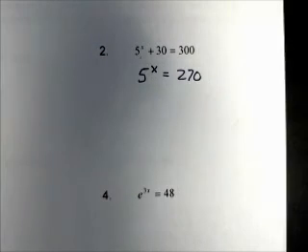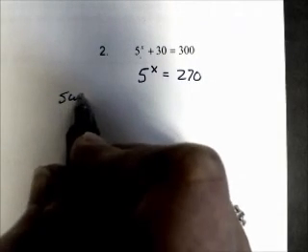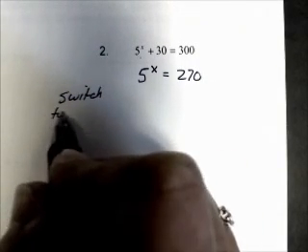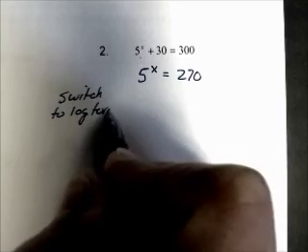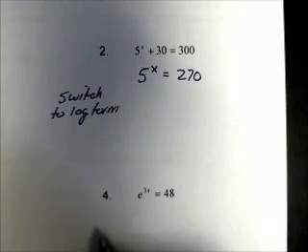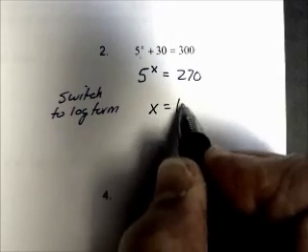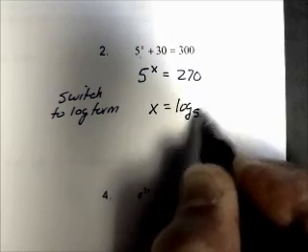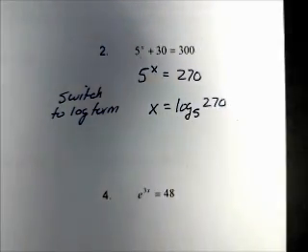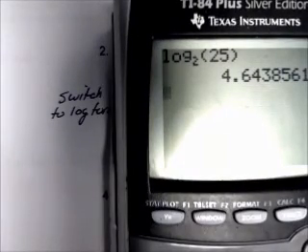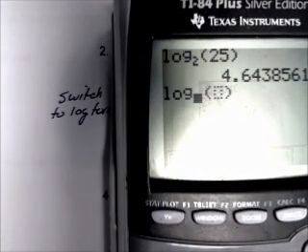The variable is in the exponent, so we'll switch to log form, right? Go from exponential to log. So our exponent, x, is equal to log base 5 of 270. And to the calculator, alpha window number 5.